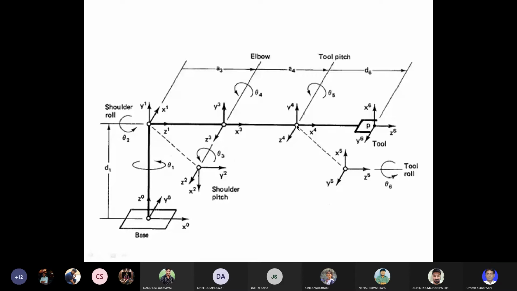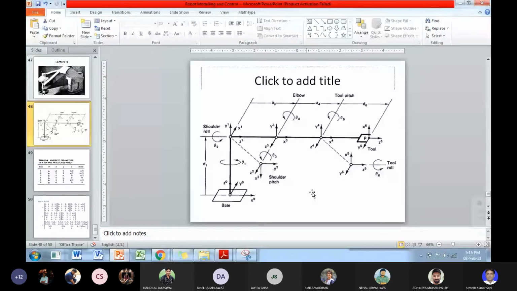Here there are two axes, one for rotation along the tool, that is theta 6, and one axis for rotating the angle of the whole assembly. Suppose sometimes this position is in this direction, so for rotating in this direction the angle can be changed, that is theta 5, and the angle of this wrist can be changed, that is tool roll. So I will show you how it is going on.